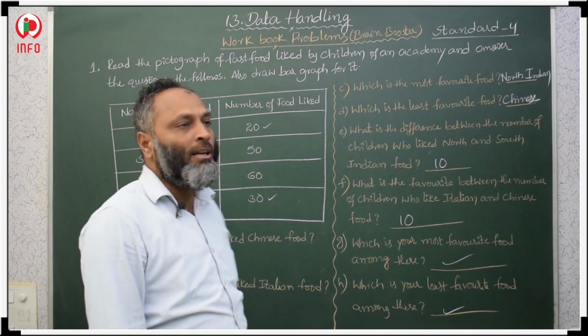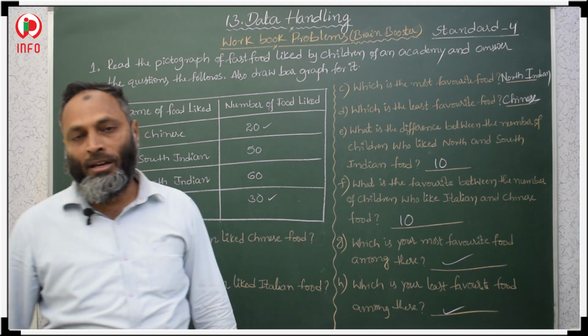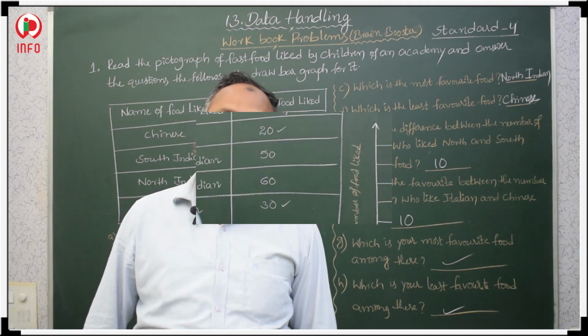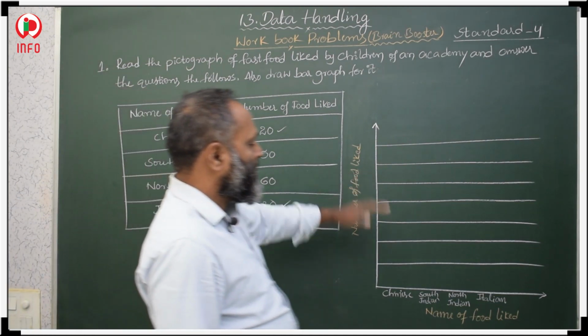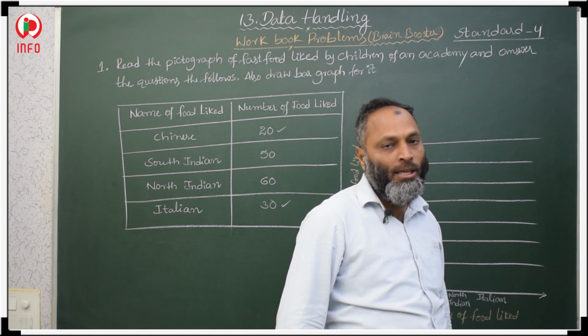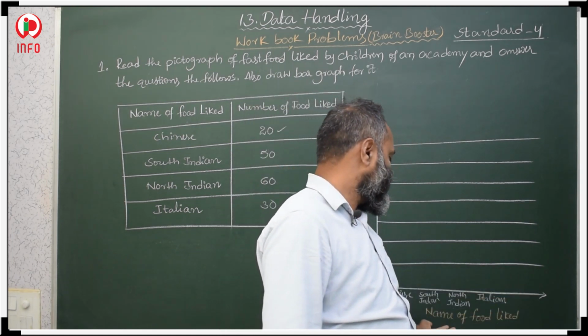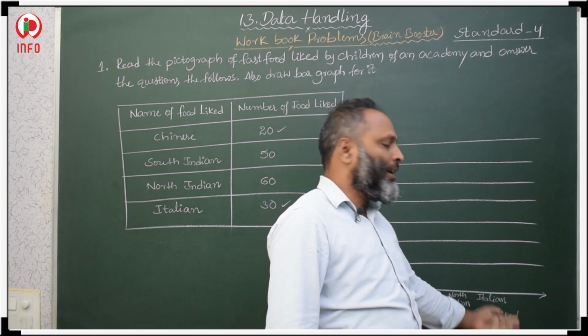Then after that, we should also draw a bar graph for it. Students, now see here, how to draw a bar graph. This is the horizontal line. Take ruled paper. On the horizontal line, you should take the names of the food: Chinese, South Indian, North Indian and Italian.